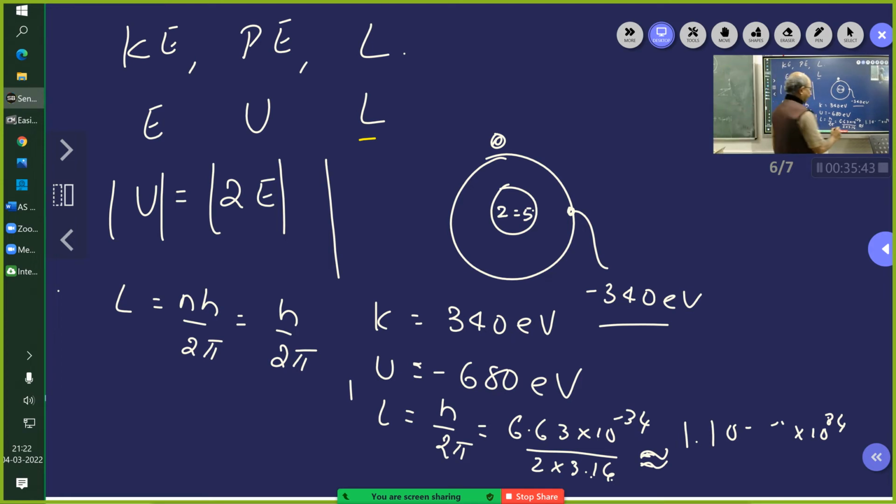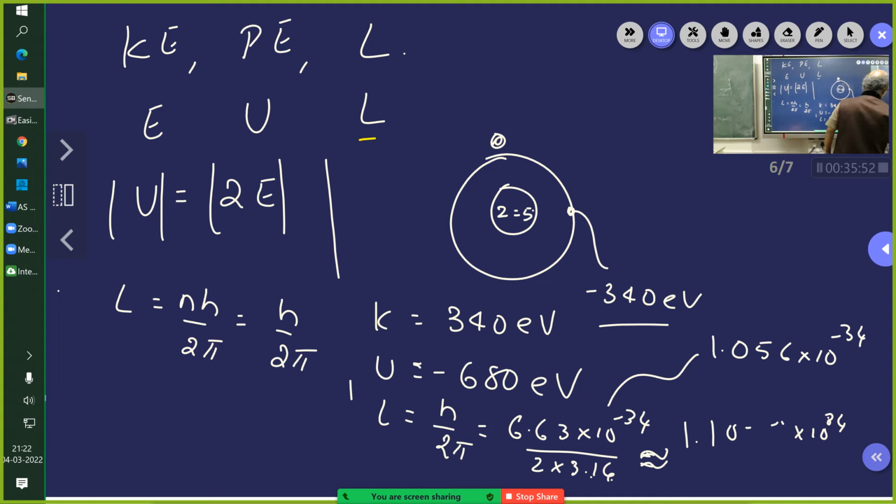Anyway, if you do this properly, you are going to get 1.056 into 10 to the power of minus 34. You are going to get this answer. But the question is, what will be the units of this angular momentum?